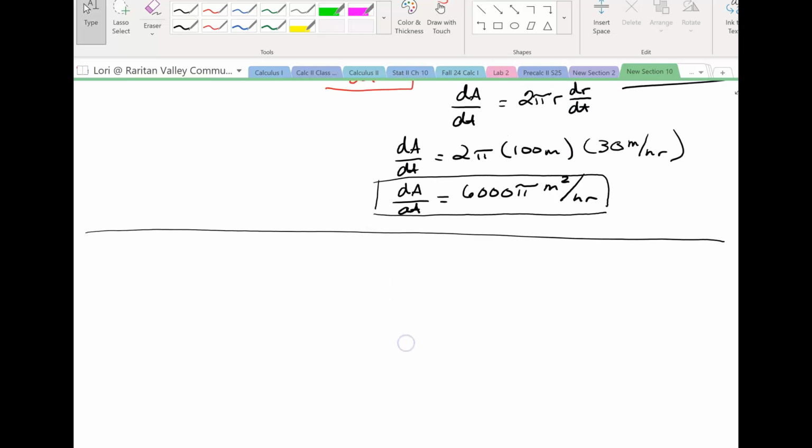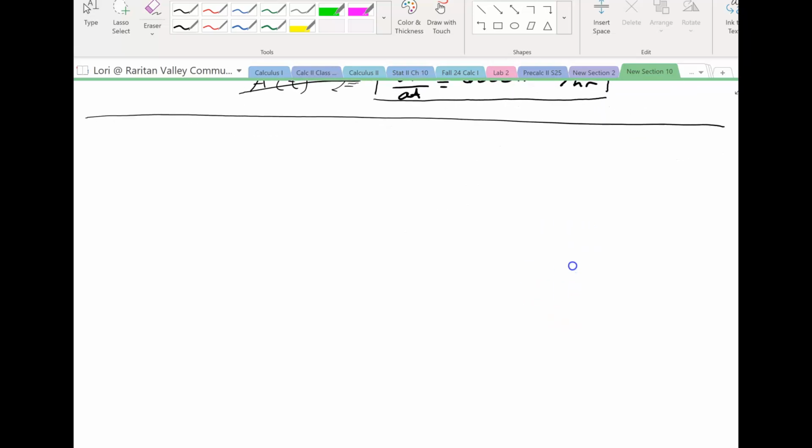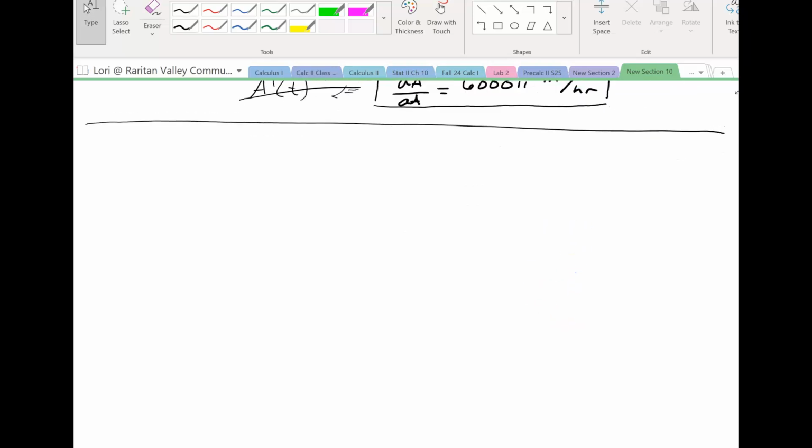I tend to prefer using dA/dt versus A prime of t. This would be equivalent to A prime of t. I just think it's a little bit easier to work with. Okay, I think in the notes they start to use the other notation. All right.